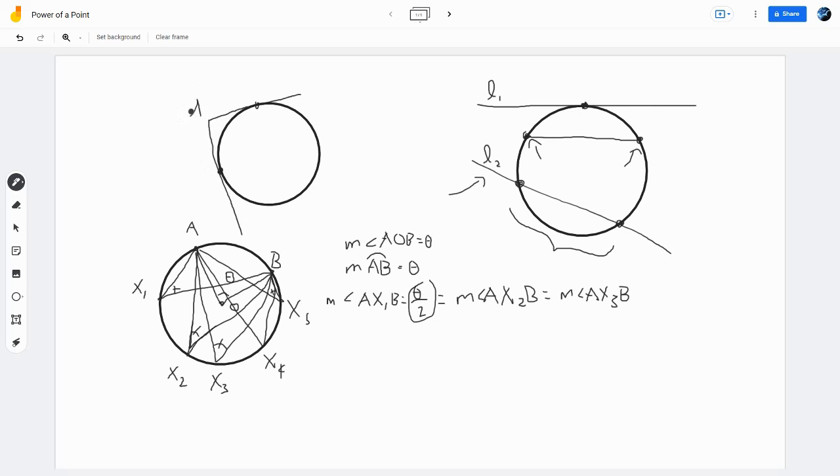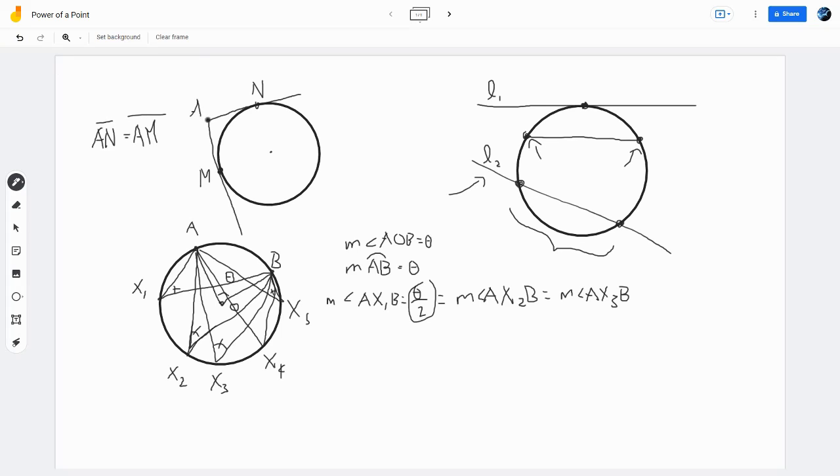And so we can call this A, this is N, this is M. So one nice thing is that the point that the tangents are, so AN and AM, these are actually equal to each other, okay? So the tangent line segments are always equal from that point of intersection.